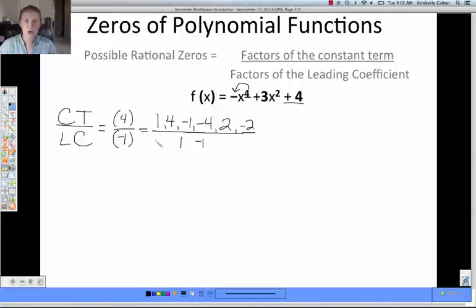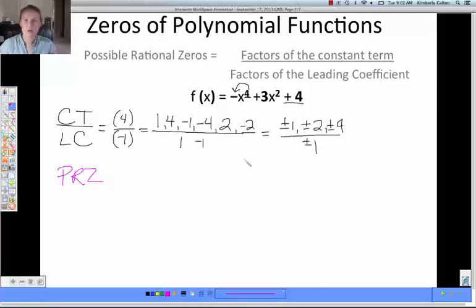Well, this is a simple problem, and still notice that we have quite a bit left out here. So quite frequently, we just write ±1, ±2, and ±4 instead of writing out all the terms twice with a positive and a negative. Now that we have all of our terms, we want to write the list of possible rational zeros. So I'm going to do 1 divided by 1, which gives me plus or minus 1.